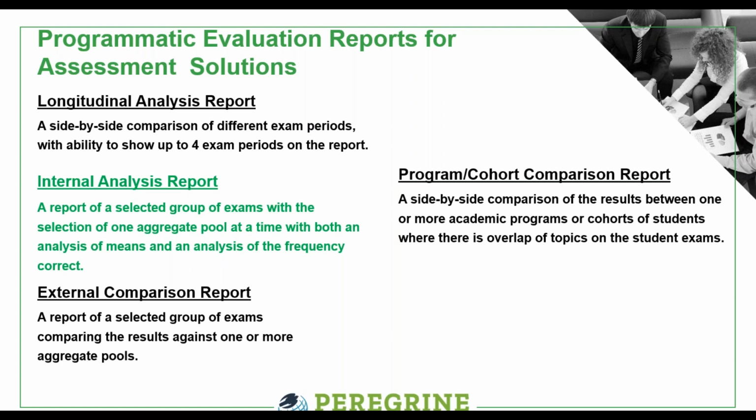So this is a great report for that because you can show 4 at one time, and you can run it multiple times if you need to have more than 4 time periods. But this shows you a side-by-side comparison of those different time periods, the changes in your students' results over time, as well as benchmarking. You can choose up to 5 benchmarks when you're looking at that data.